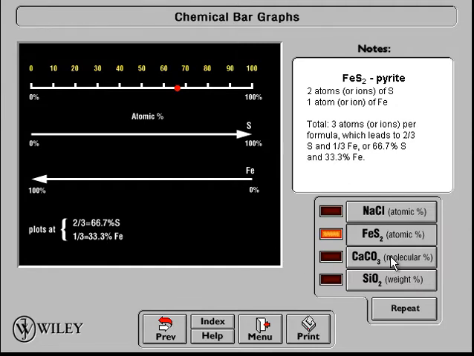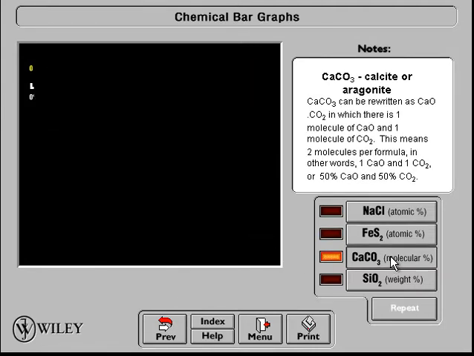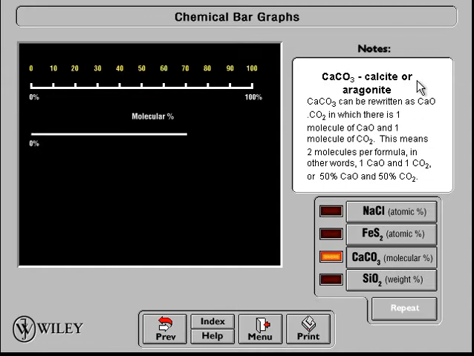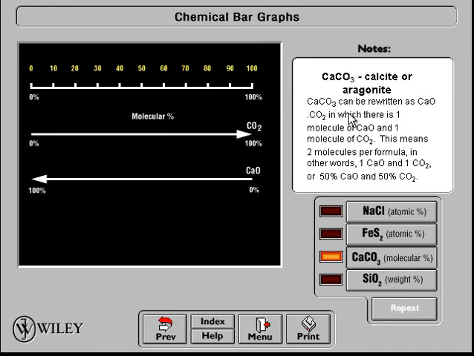Then we are going here to calcium carbonate, which is the calcite or the aragonite, and here we have the ratio. Calcium carbonate can be rewritten as calcium oxide and CO2, in which there is 1 molecule of calcium oxide and 1 molecule of CO2. This means 2 molecules per formula.